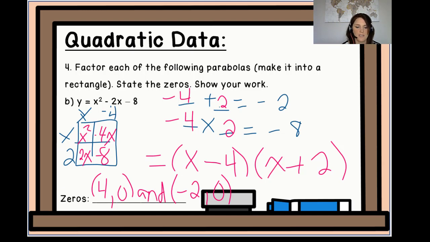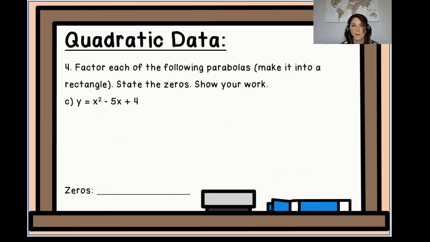All right, I have one more example. So again, we're going to factor x squared minus 5x plus 4. So we're looking for two numbers that add to give -5 and multiply to give +4.